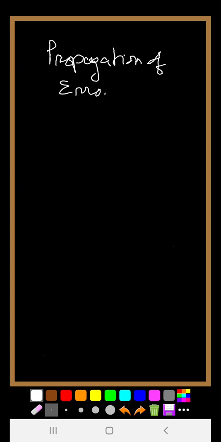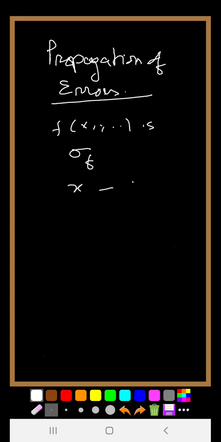The next topic that we will discuss is propagation of errors. Now, if an error on the measurement of f of x y is sigma f, and the error on x is sigma x and that on y is sigma y respectively, then sigma x and sigma y may be correlated.